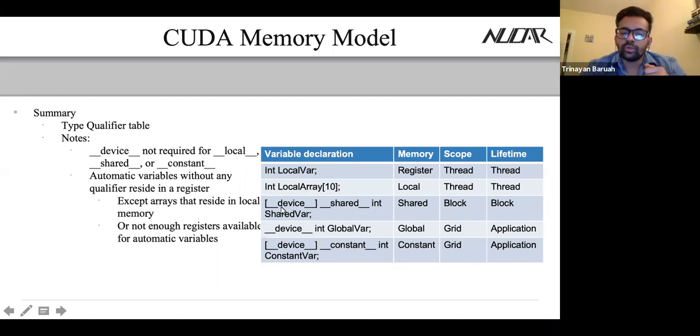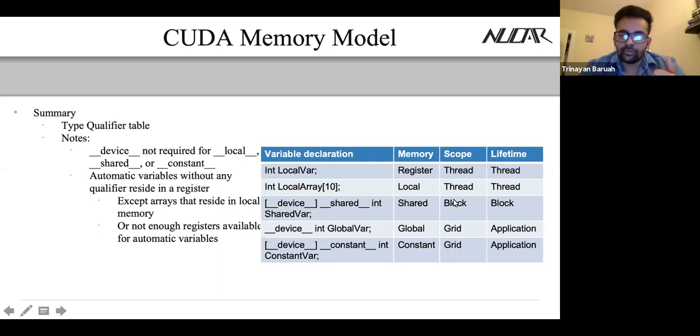Then we come to this special variable, which is shared. This is the shared memory variable. When we declare something like __device__, it means we can declare it as a global variable as well. The qualifier __shared__ means that the data will be stored in shared memory.